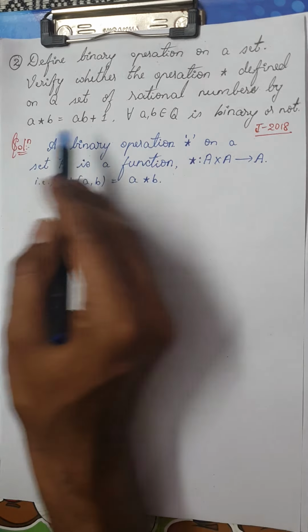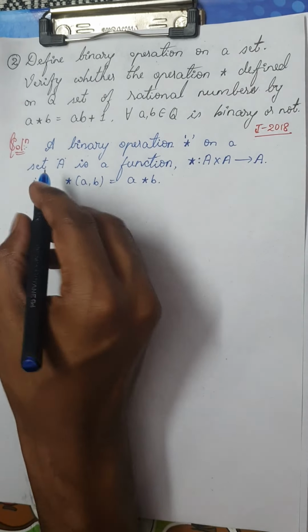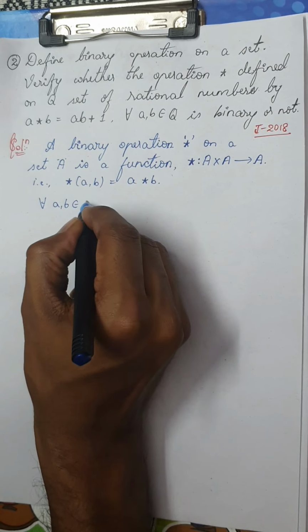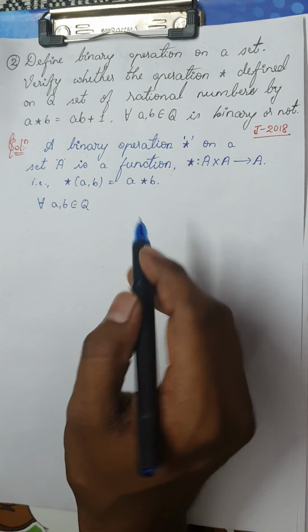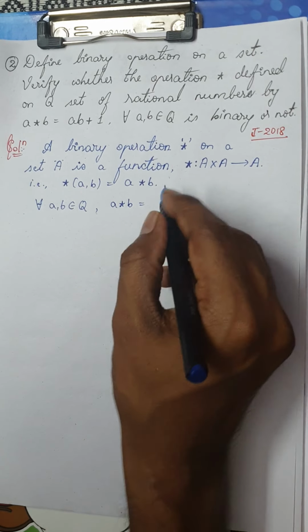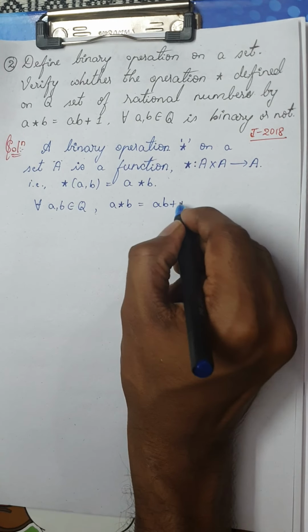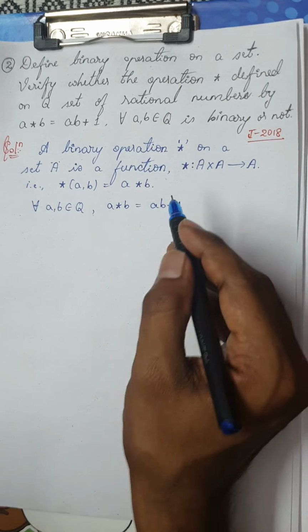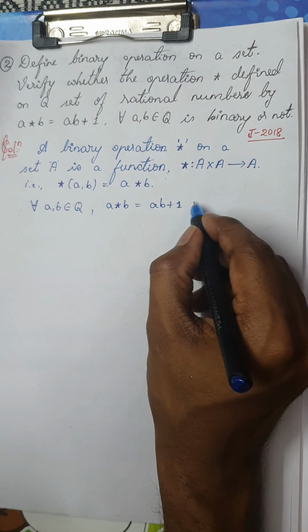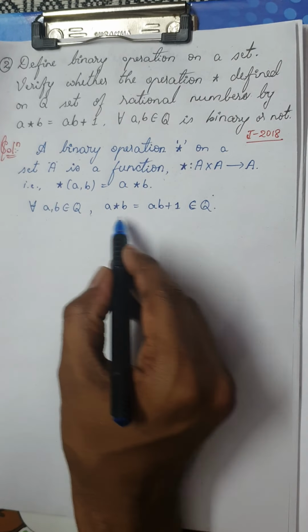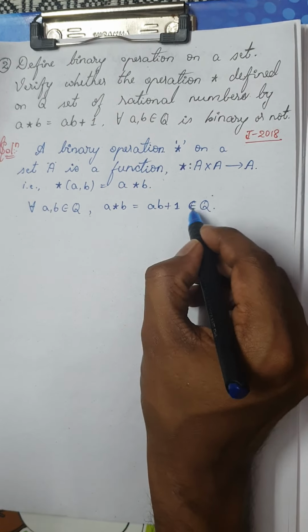Now coming to whether it is binary operation or not, you can check for all A, B belongs to Q. Okay, you have to take 2 elements. A star B is nothing but AB plus 1. If you take any 2 elements from the rational numbers, product of the numbers plus 1 will still belong to Q. Understand, this is a very important line here.